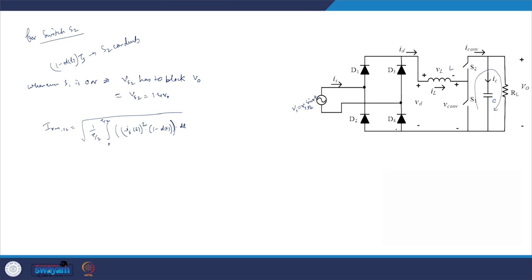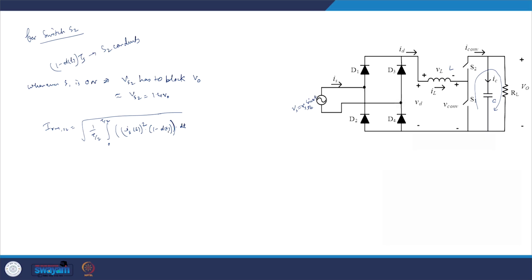It is because the operation of the boost converter, which is the second stage, repeats after every half cycle of the line frequency, that means 50 or 60 hertz. So, that is why we have taken 1 by T by 2. Now, this will define the RMS current.